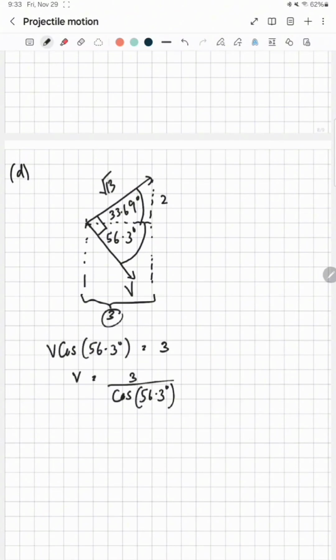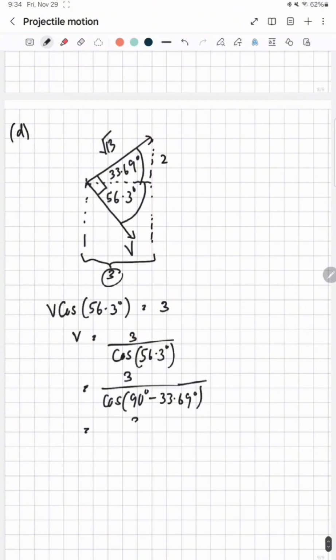In other words, you could also write it as 3 over cos of 90 minus 33.69, right?